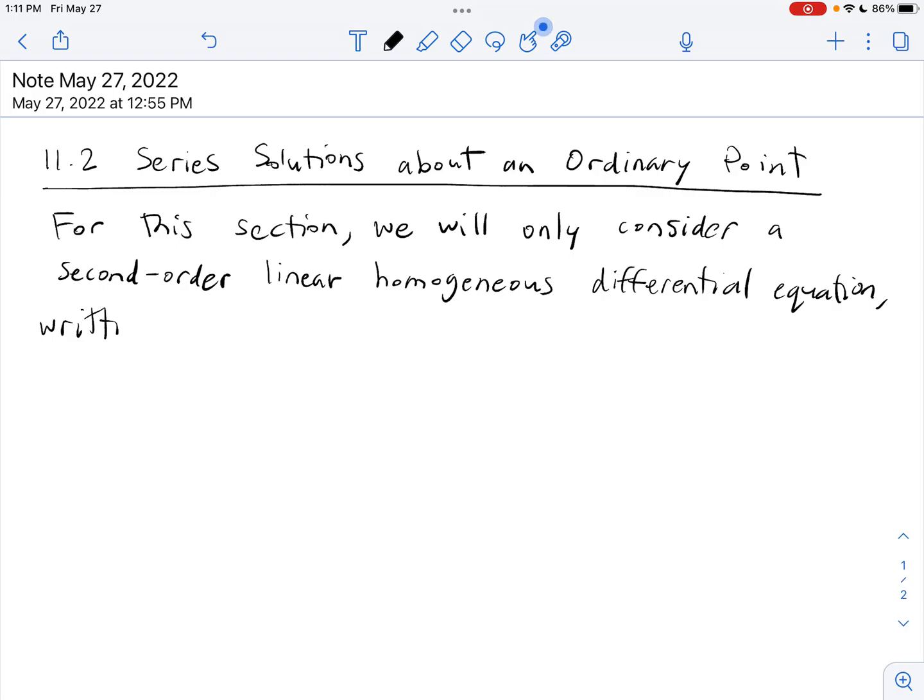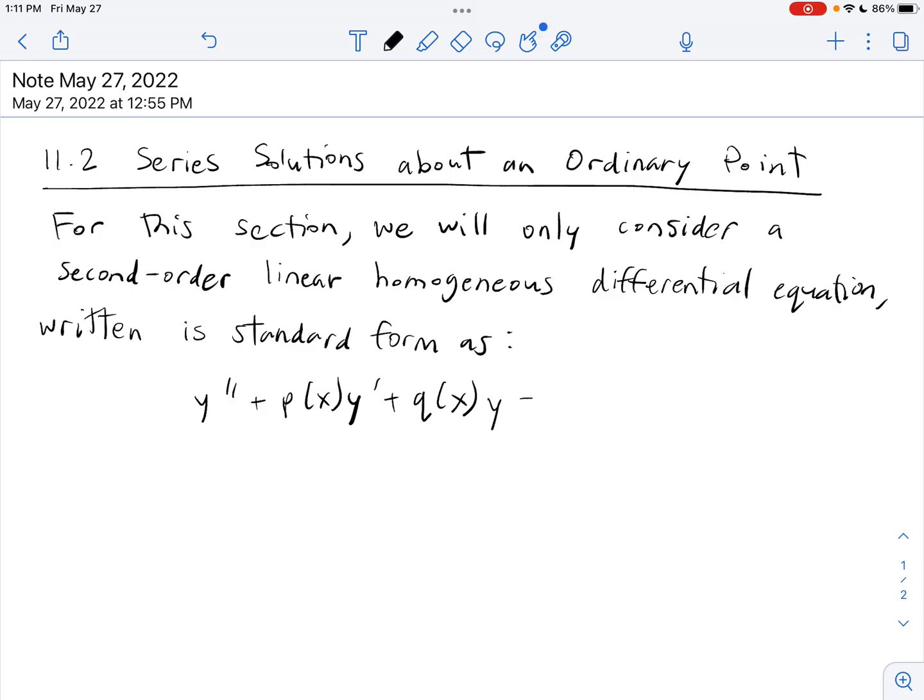Written in standard form as follows: y double prime plus p of x times y prime plus q of x times y is equal to 0.